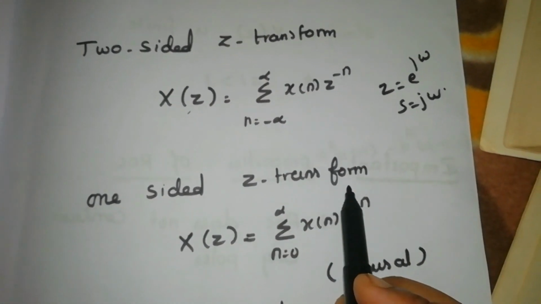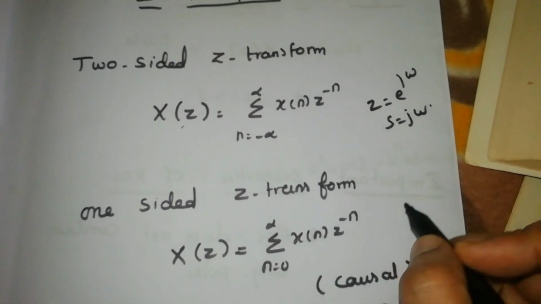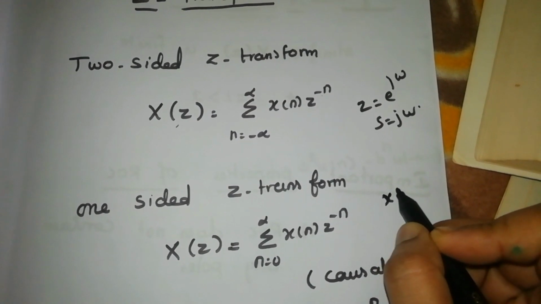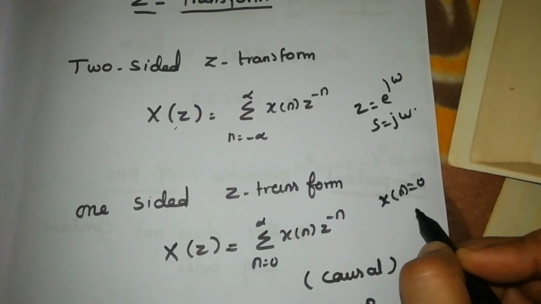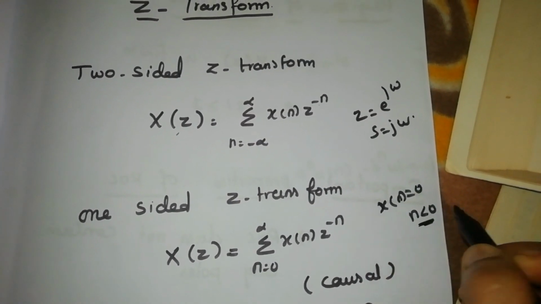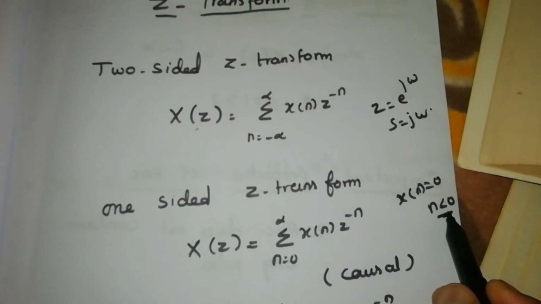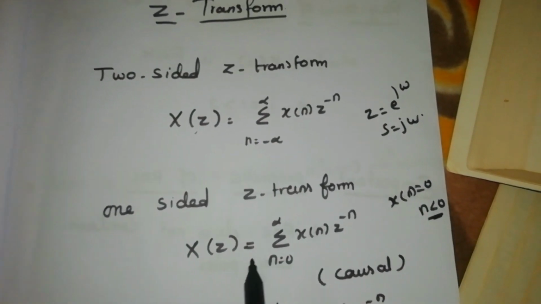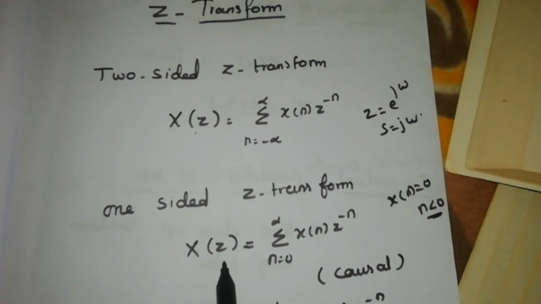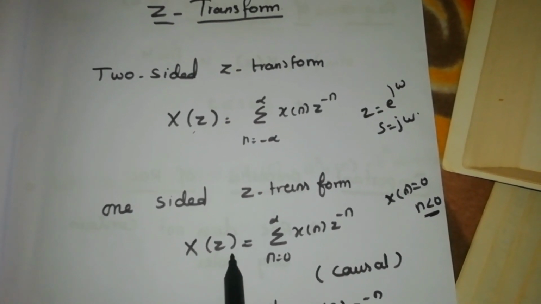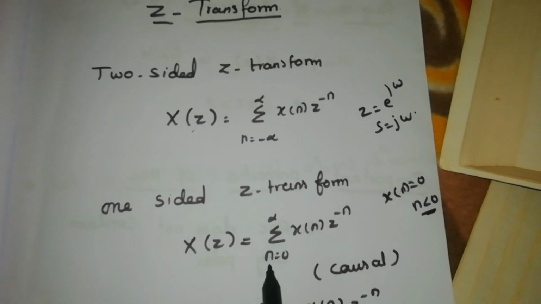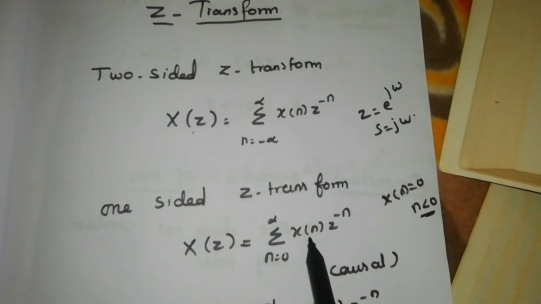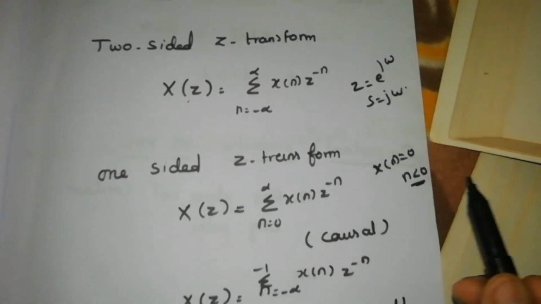And the one-sided Z transform for causal sequence, that is x of n equal to 0 for n less than 0. So this is a causal sequence Z transform that is equal to summation of n is equal to 0 to infinity x of n z power minus n.